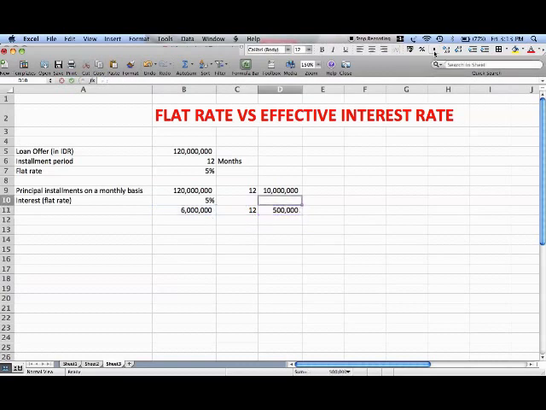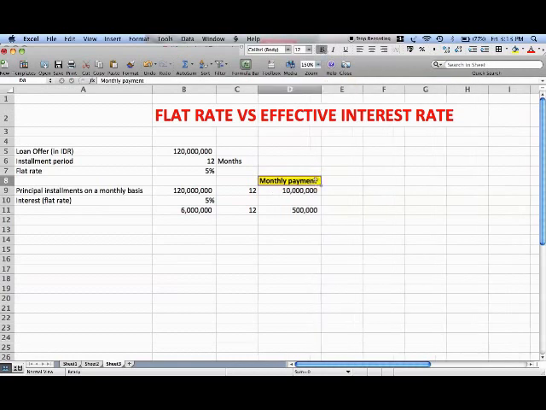This is 500,000. So this is the monthly payment. In total, you have to pay 10,500,000 each month for 12 months.